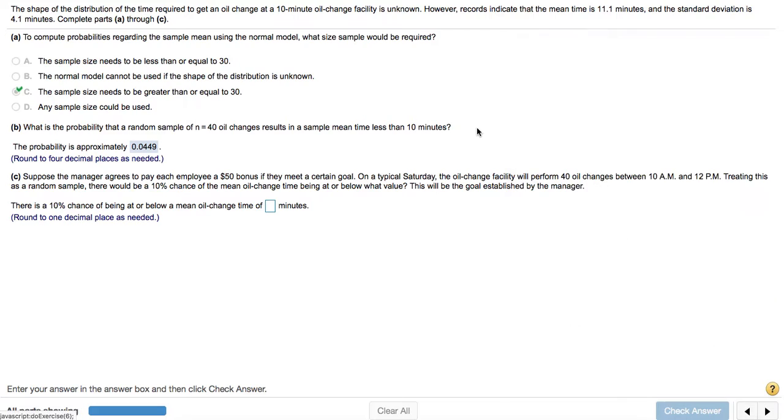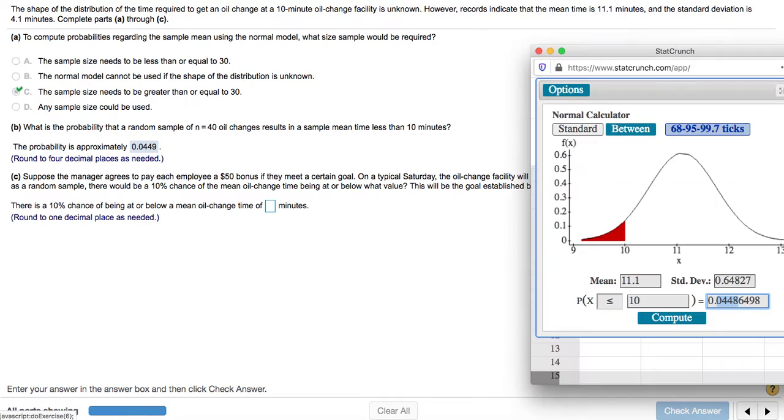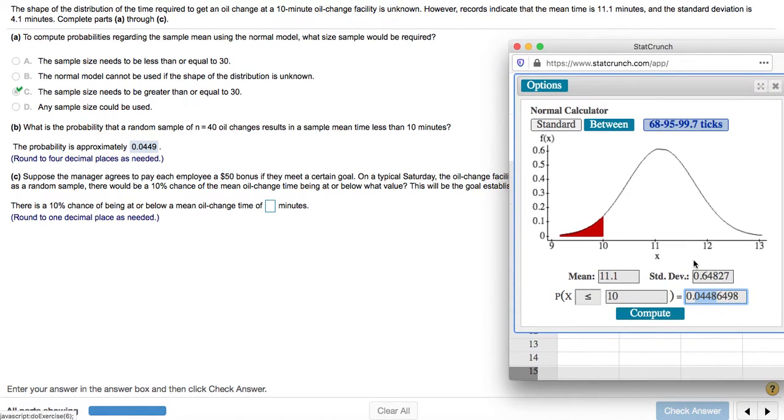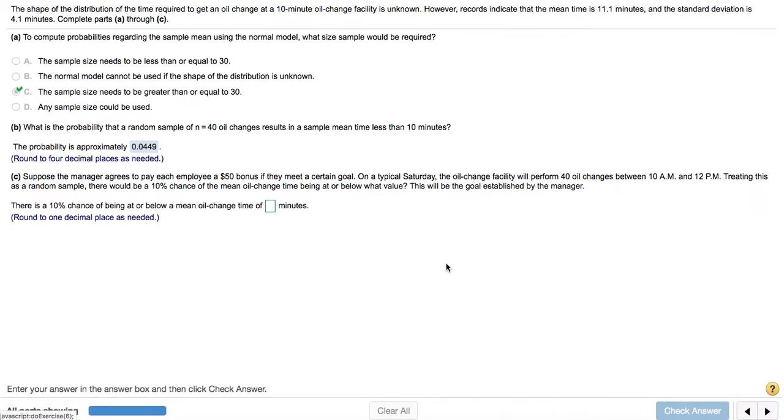All right, so there is a last part to this problem. Quite a wordy statement here in part C, but essentially what this part is asking us to do is to go backwards in this calculator. Like before, we entered in a time and we got a probability. This time, we are given a probability of 10%. Well, really, that would be 0.10.